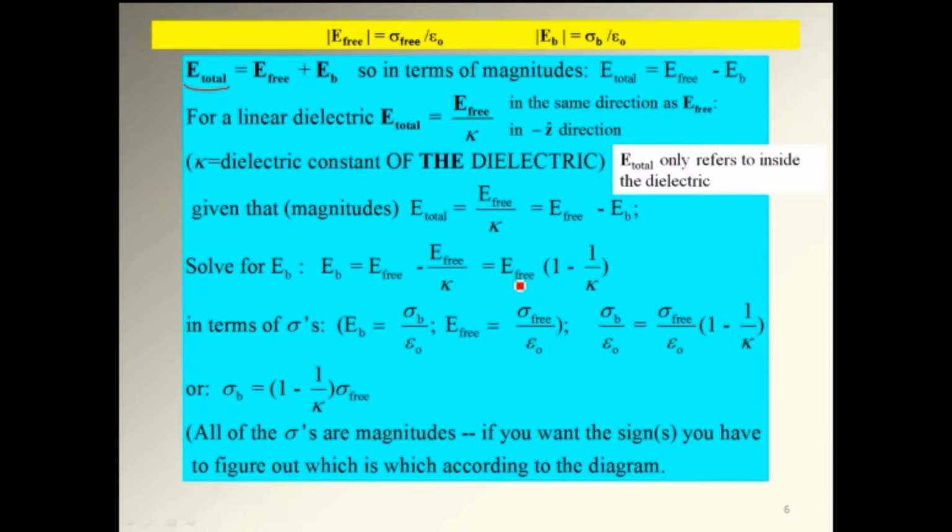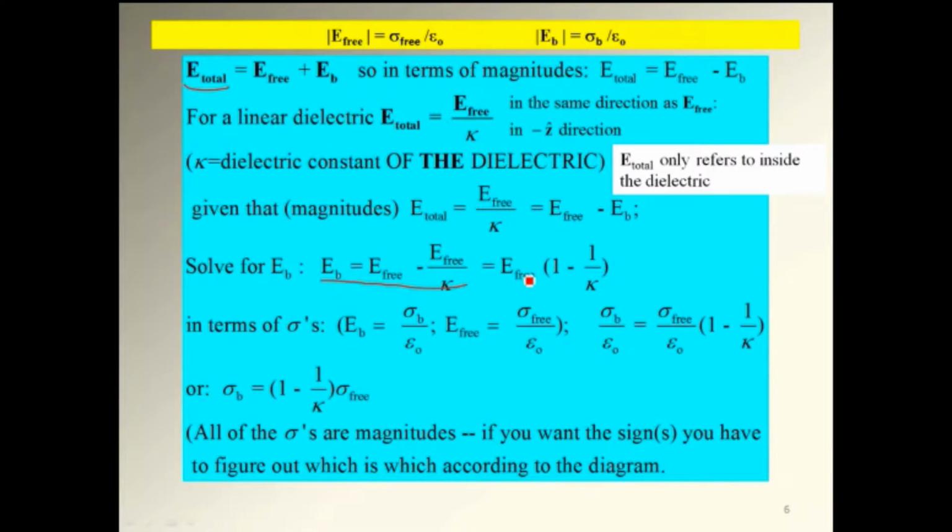Now we can do the same thing with charge density, because we know that E sub b is equal to this quantity here. That came from Gauss's law. Again, from Gauss's law we got the free E field equaling this. If we take E sub b and set it equal to the E free, we're basically doing this equation again, or this one here.